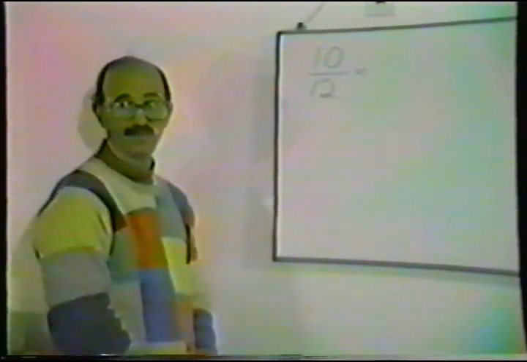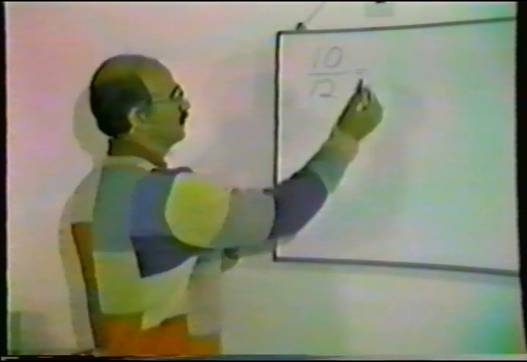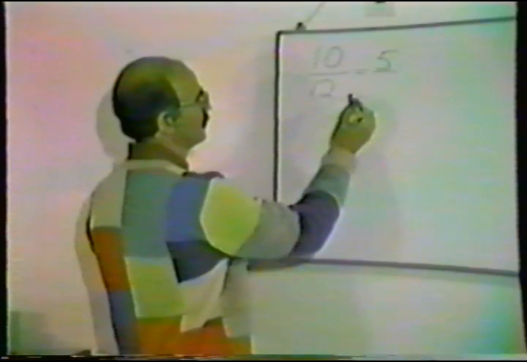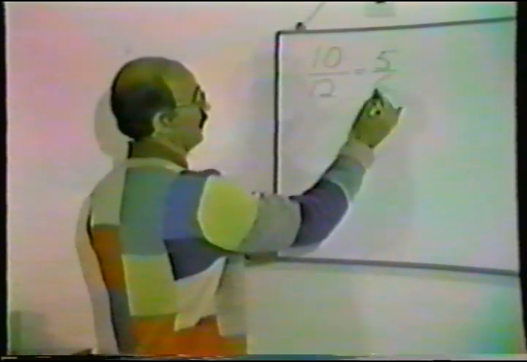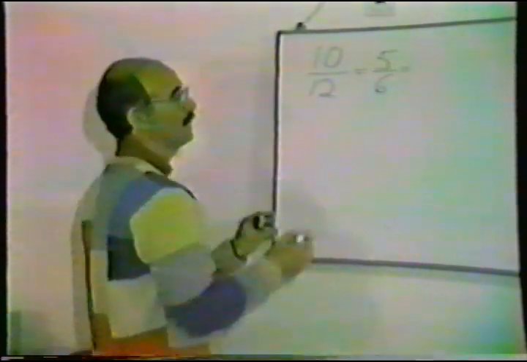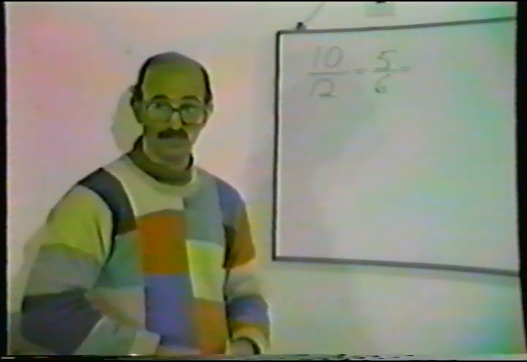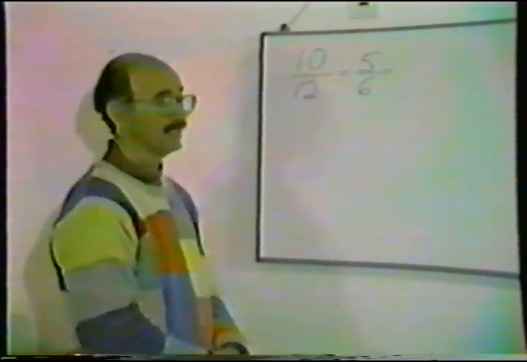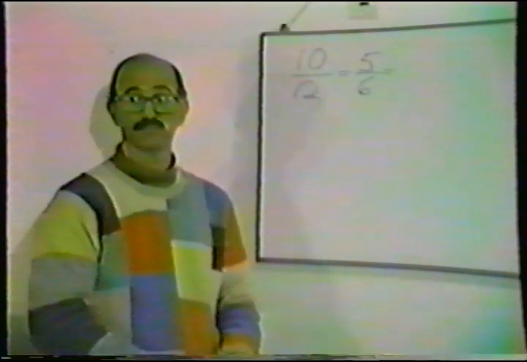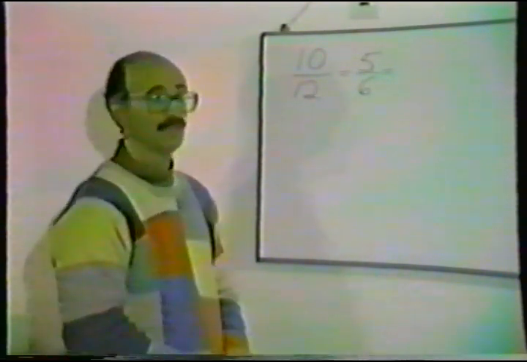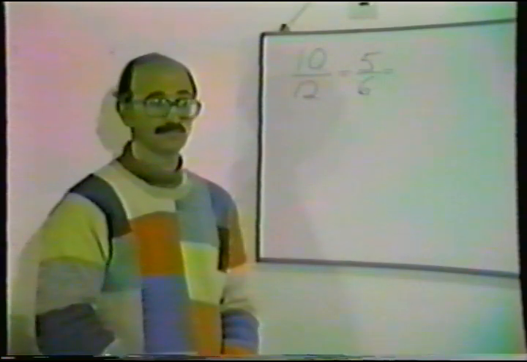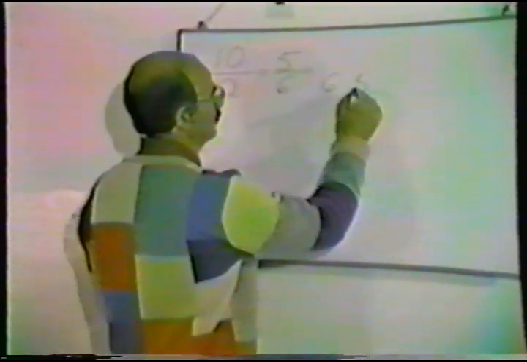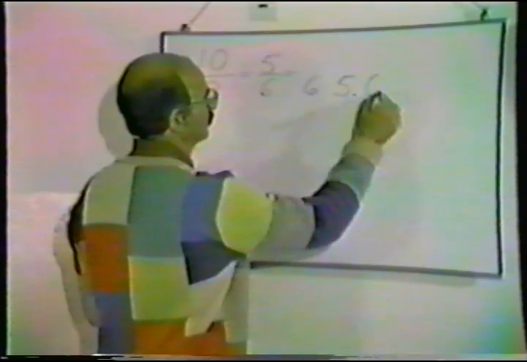What would you like to hit it with? 2. 2 into 10, 5, 2 into 12, 6. Is the bottom number now 10, 100, or 1,000? No. Can you make it 10 or 100? No. Can you reduce it? No. We have to divide bottom into top.